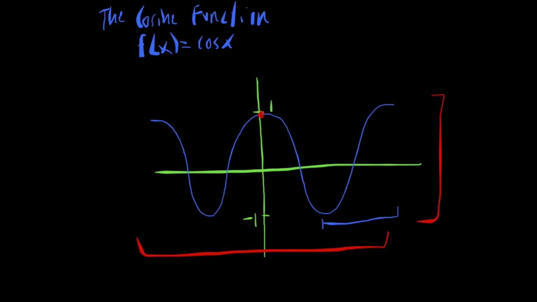It is decreasing on the interval of 2 pi n and pi plus 2 pi n. The absolute maximum is at 2 pi n. Absolute minimums are at pi plus 2 pi n.